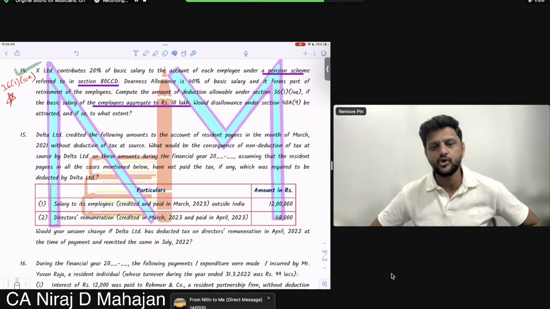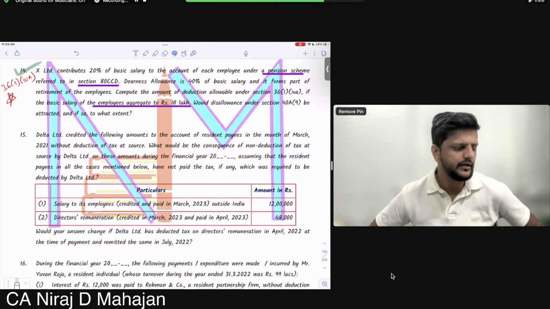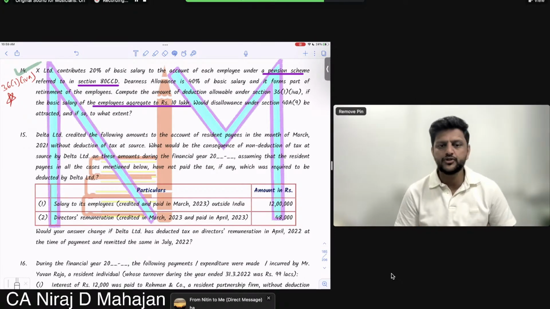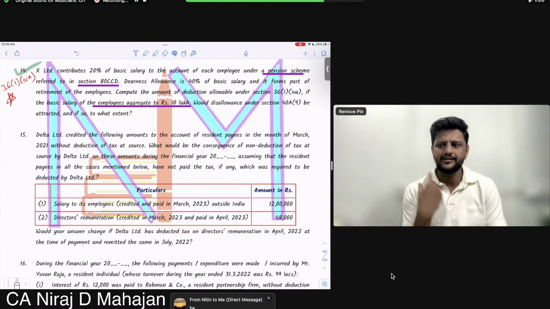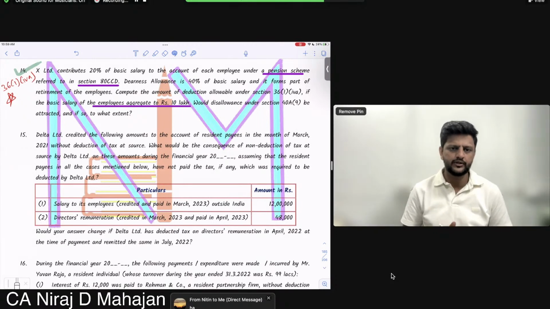And how much has this person contributed? 2 lakhs. How 2 lakhs? 20% of basic, and basic is 10 lakhs. So actual contribution 2 lakhs, allowed 1.4 lakhs, 60,000 is disallowed under section 40A(9). Understood?